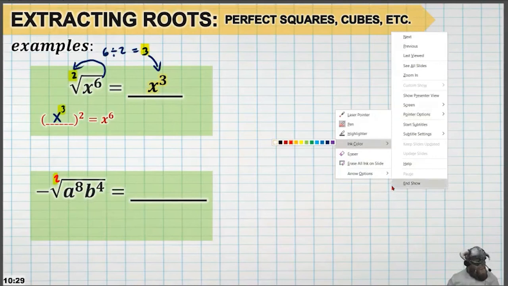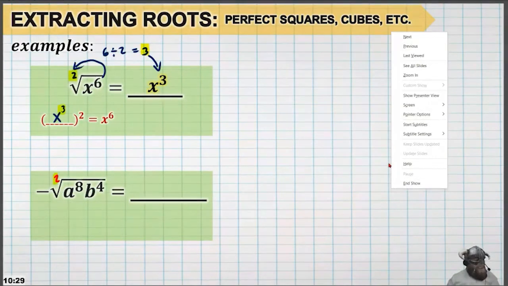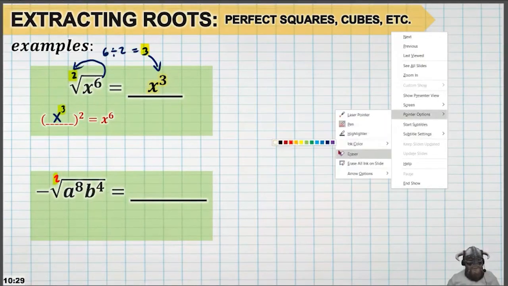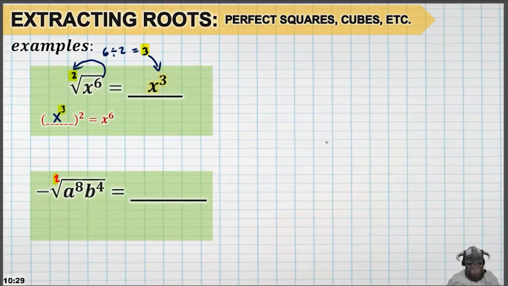Yan. If, Darren, your answer is negative a raised to 4 and b raised to 2, you're correct. Tama yung sagot mo. Mahirap kasi maglalagay ng square, di ba, pagdating sa chat box. Yes, the correct answer is negative a raised to 4, b raised to 2. Ang gagawin lang natin is, i-divide natin dito. 8 divided by 2, the answer is 4.